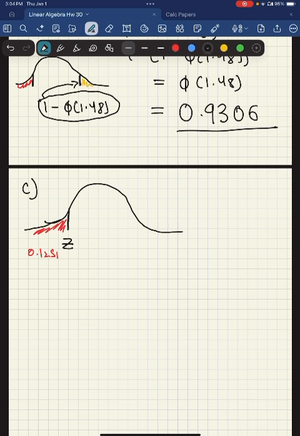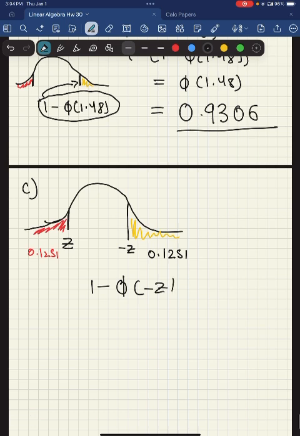If this is z, then its mirror over here, negative z, would give us this area, which will also be 0.1251. So basically 1 minus phi of negative z is equal to 0.1251.